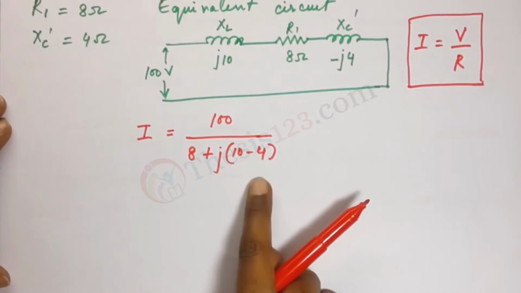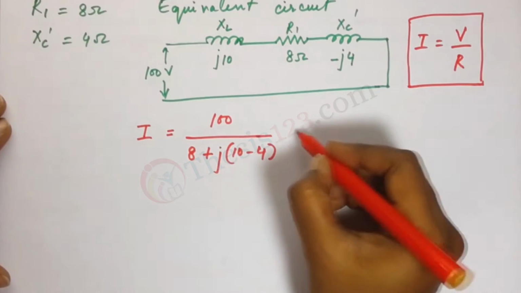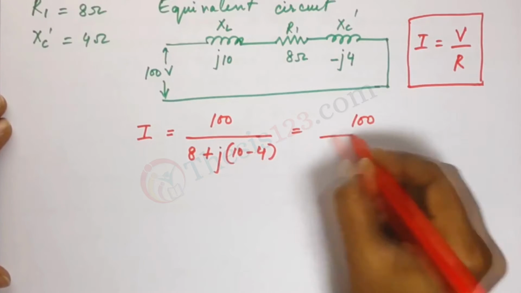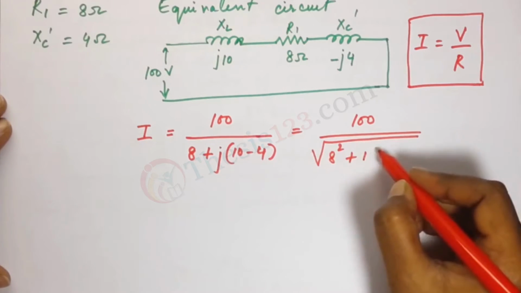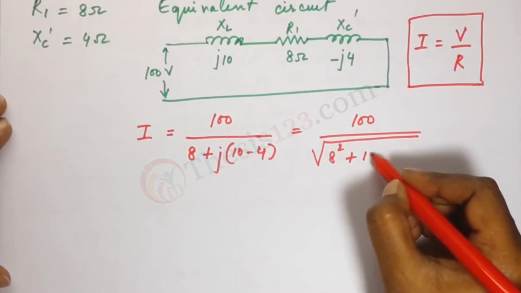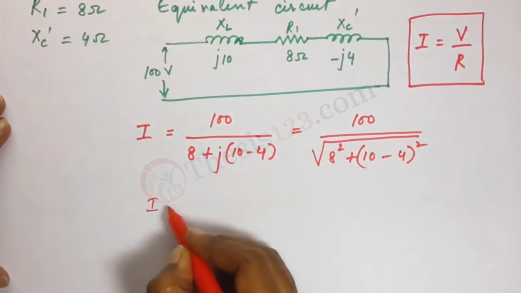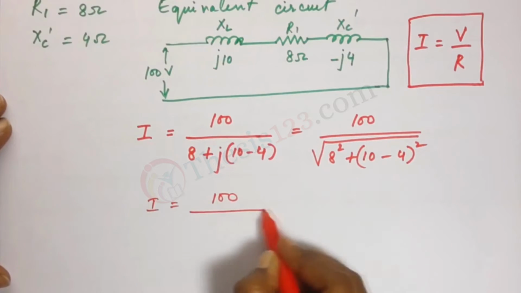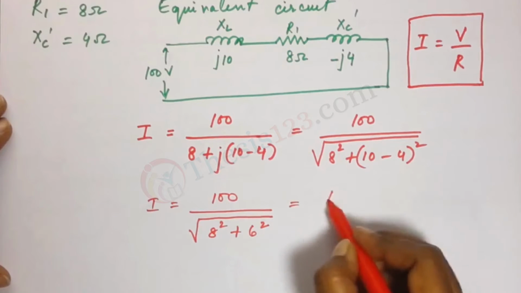Now, in order to find the magnitude, we find the resultant, and the resultant would be 100 divided by root of 8 squared plus 10 minus 4 squared, and that gives us 100 divided by root of 8 squared plus 6 squared.